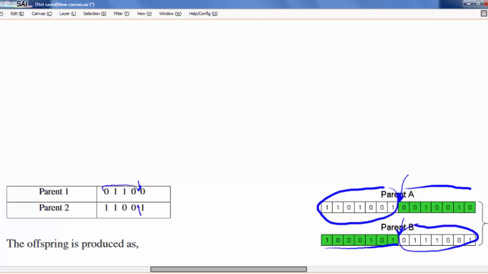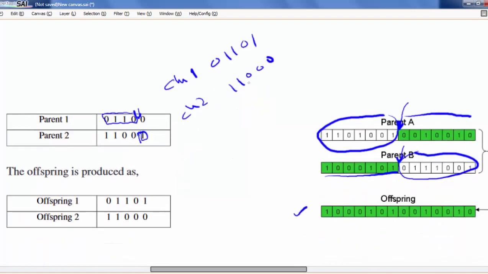So this part and this part for child number 1: child 1 will take 0 1 1 0 1, and the second child will take this first part from parent 2, which is 1 1 0 0, and this 1 0. These are called offsprings.